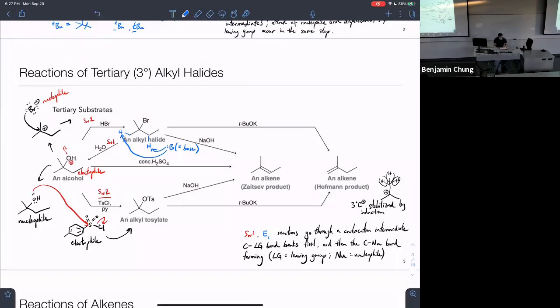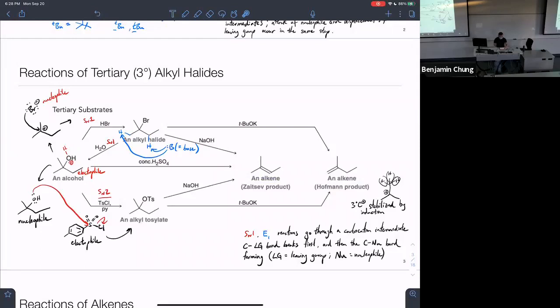If it goes through the first one, then you'll form a double bond at this position. If you remove this proton, then you will form a double bond at this position. So that's why, depending on what base you use, you can actually get different stereochemistries of your alkene.